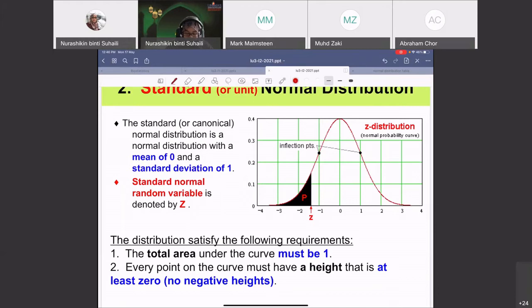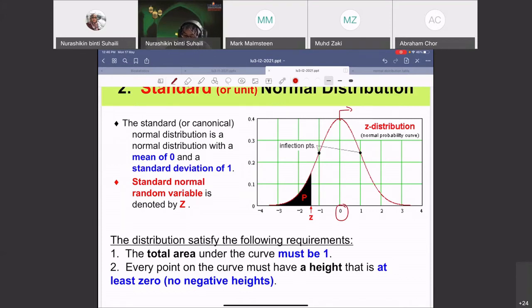Standard normal distribution is when there is a correction that has been done on the normal distribution, making the whole distribution lie with the middle value, the peak value, as 0. So this is an example of standard normal distribution.